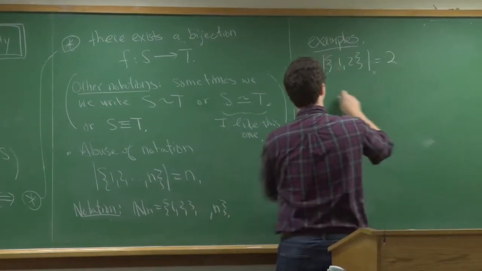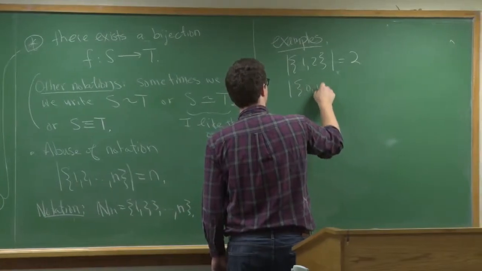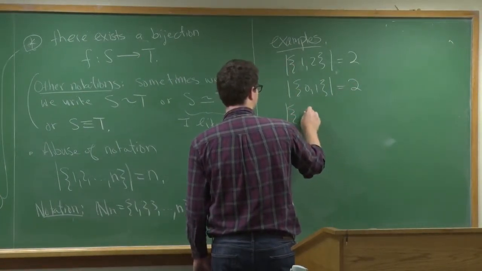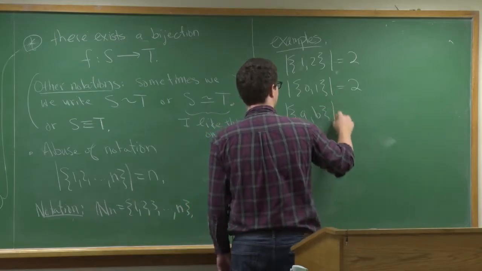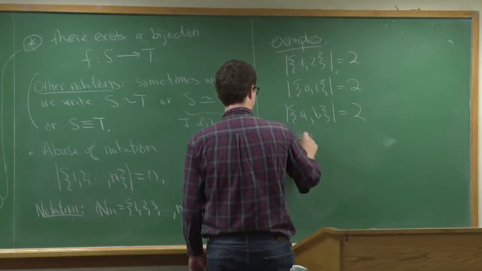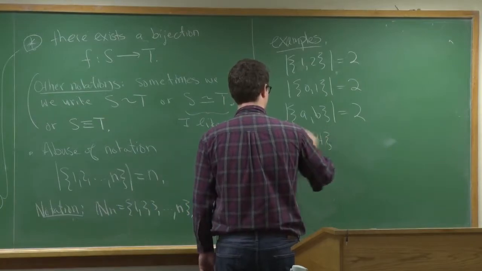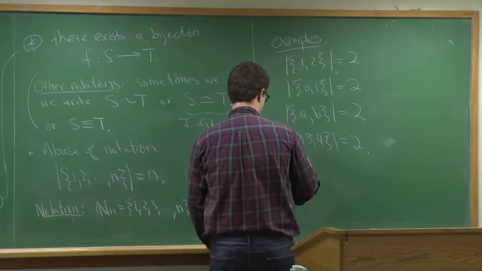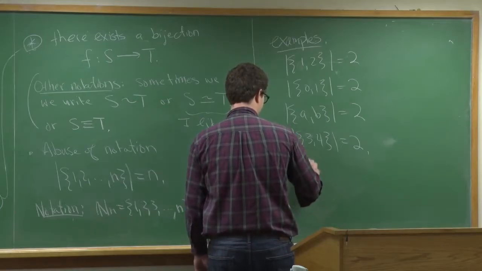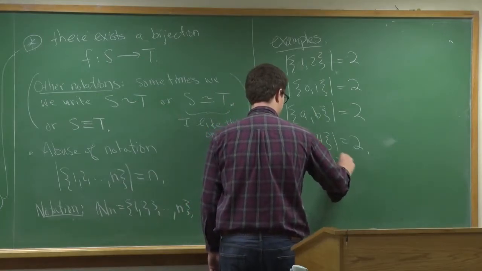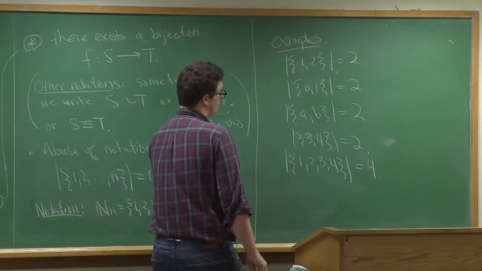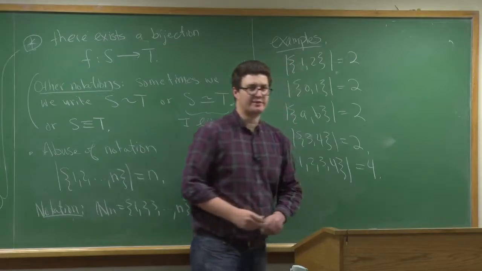This is 2. We could do a, b. It doesn't matter what we put in there. It's just the size of the set that matters, right? And then you could go bigger: 1, 2, 3, 4. This is size 4, etc. So we just write the cardinalities like that.